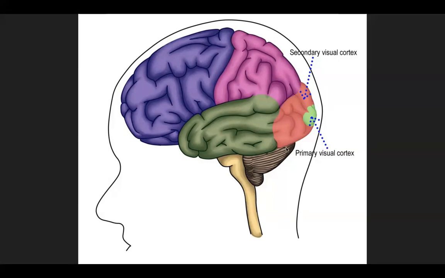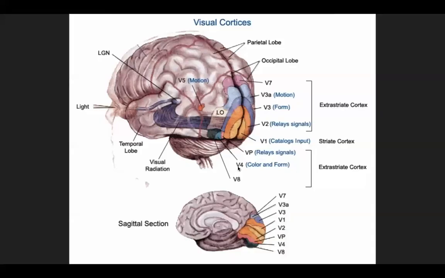So there are different visual cortices related to this occipital lobe. And V1 is where it all starts, which is the primary visual cortex. And then from there, it goes to different areas. And all of these different cortices are known to focus on different things.